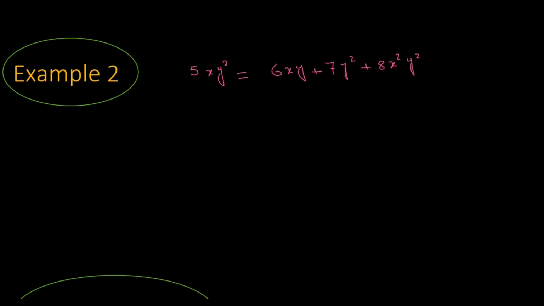Here you can see there are two functions. The first function is x and the second function is y. Let me take the derivative with respect to x. So you will write 5 over here, and x as it is. Remember, first as it is, derivative of the second.